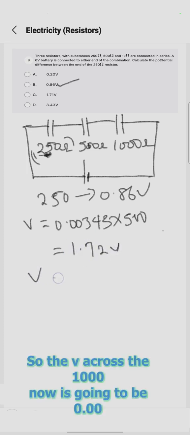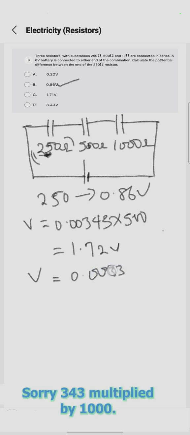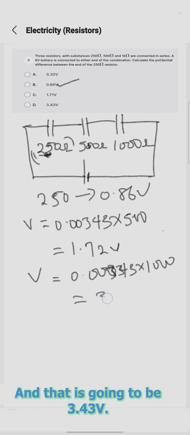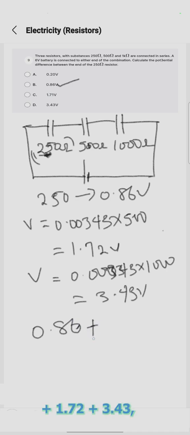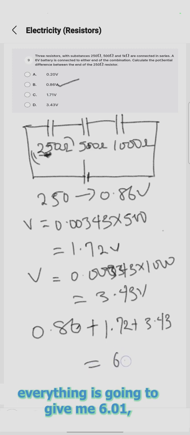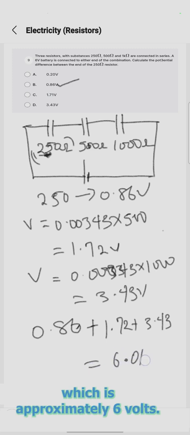So the V across the 1000 is going to be 0.00343 multiplied by 1000, and that is going to be 3.43 volts. So if I add everything together, 0.86 plus 1.72 plus 3.43, everything is going to give me 6.01, which is approximately 6 volts.